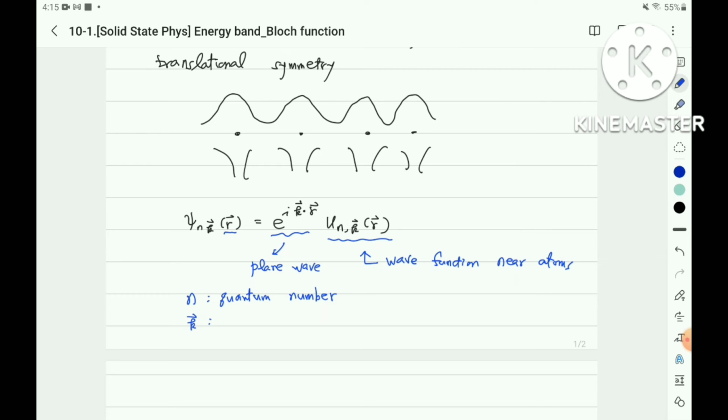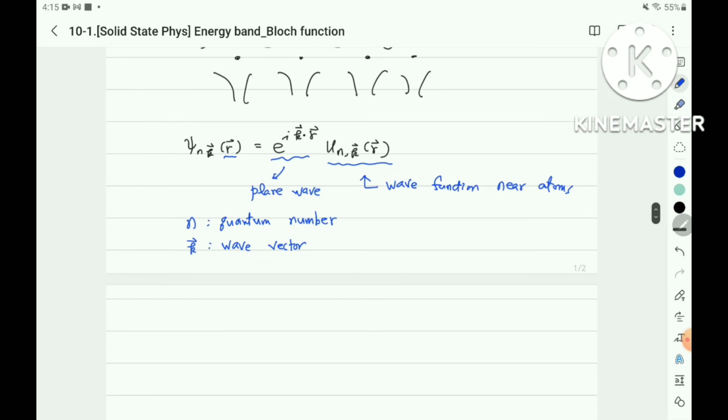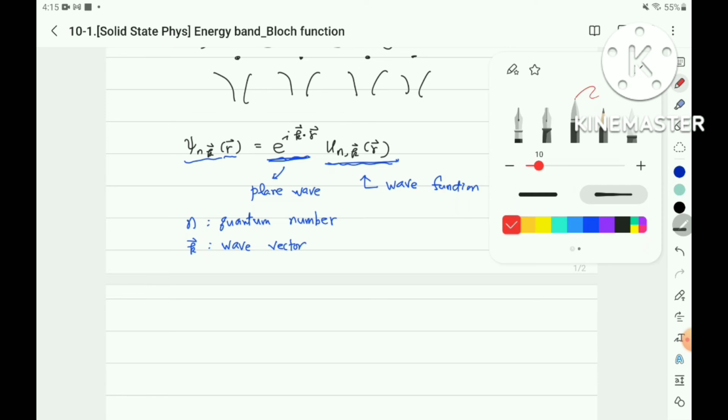And k is the wave vector, because for a wave we can define the wave vector. Therefore, this wave function has the form of the wave function near atoms, and an extended state with a plane wave. So this ψ has a representation as the exponential e^(ik·r) times the u function. Therefore, it is very important to be considered.